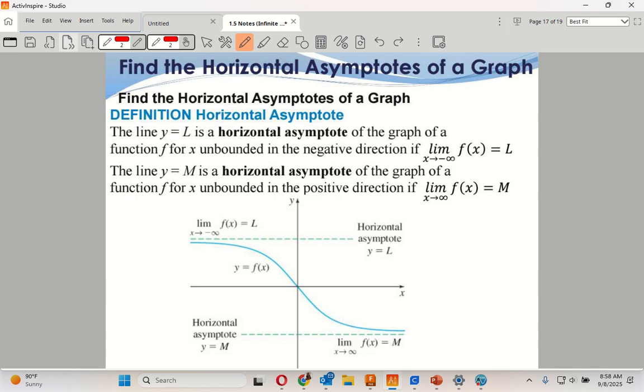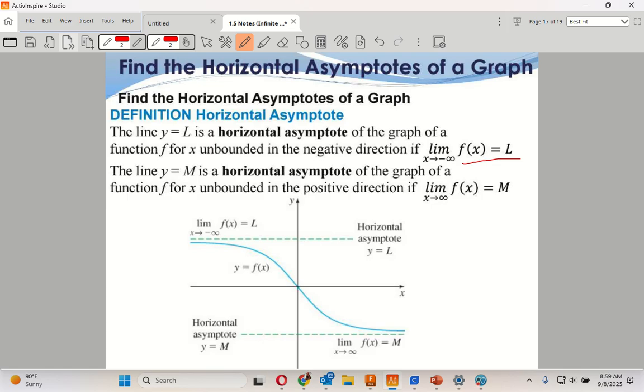Okay. Alright. So next one, horizontal asymptotes. The line y equals L is a horizontal asymptote of the graph of the function f for x unbounded in the negative direction, like this. So as x approaches negative infinity, I get a limit there.